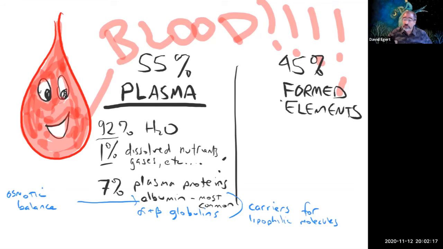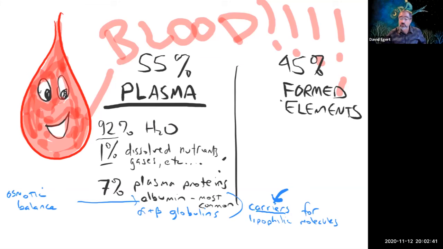If you have a molecule you want to move in the bloodstream that is hydrophobic, that doesn't dissolve in water, you're in trouble unless you have something to help you out. These carrier proteins bind to these lipophilic molecules, and then as a unit can dissolve in the plasma and move around.